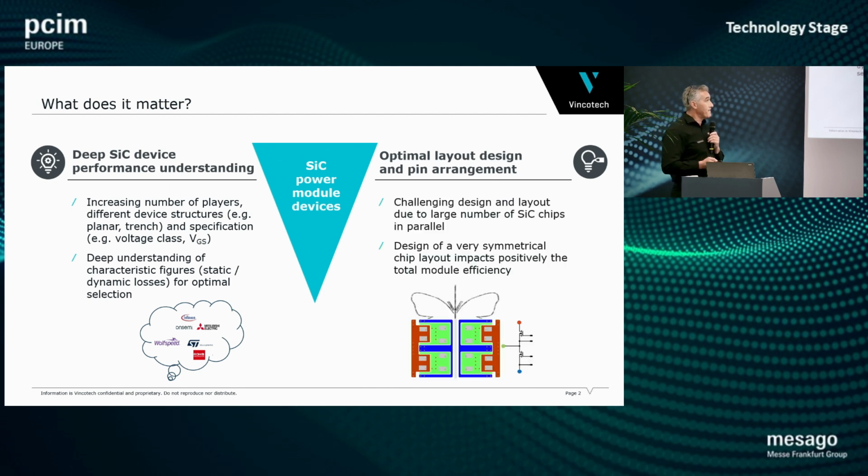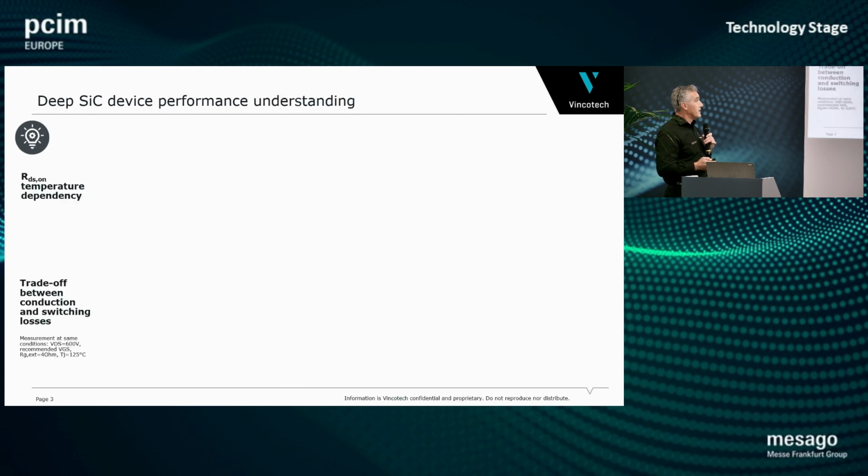On the other hand, to achieve high power density silicon carbide power modules, in most cases a huge number of silicon carbide devices are used in parallel. In this case, it is important to have a very symmetrical design for the chip and also for the pin arrangement, to have, at the end of the day, a good power module efficiency. Let's go a little bit more into detail on these two aspects.